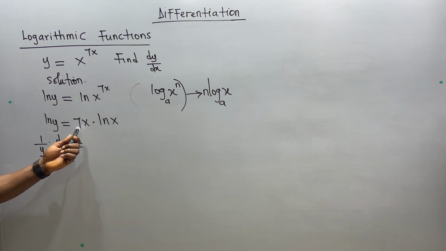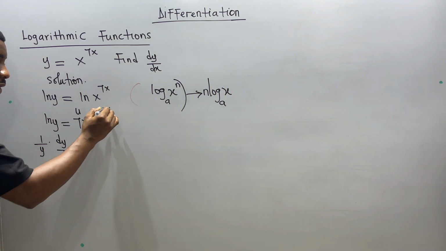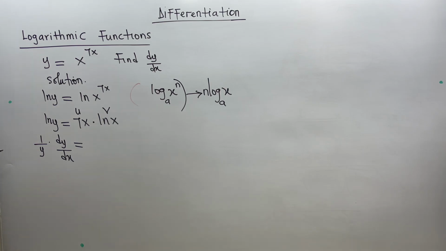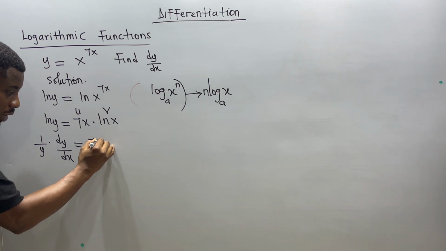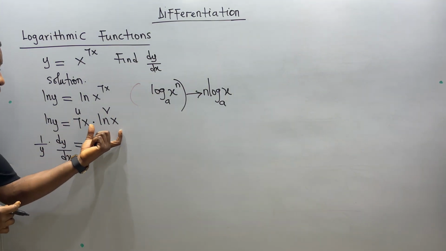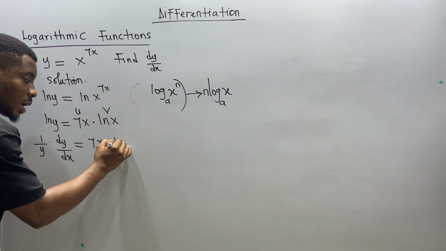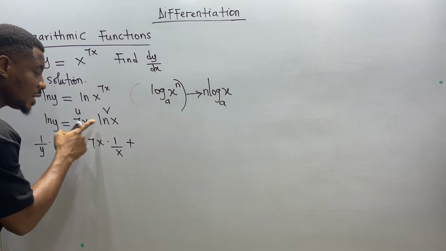This is u, this is v. What does product rule tell me? It tells me that I'm going to keep u, 7x, times dv over dx, which means differentiate ln x. That will give us 1 over x, plus v du over dx.